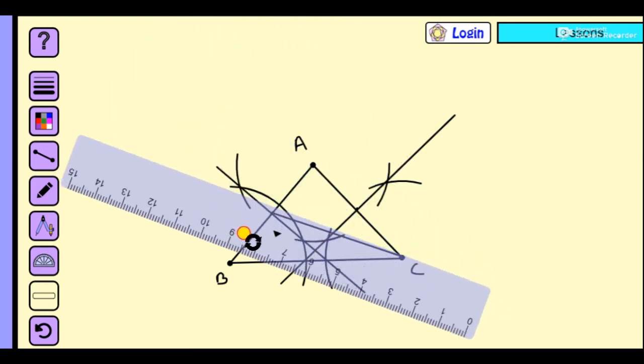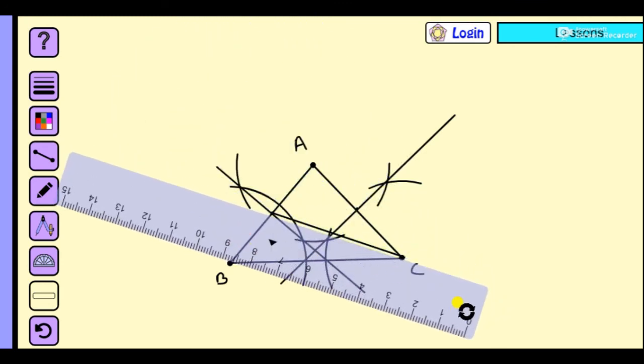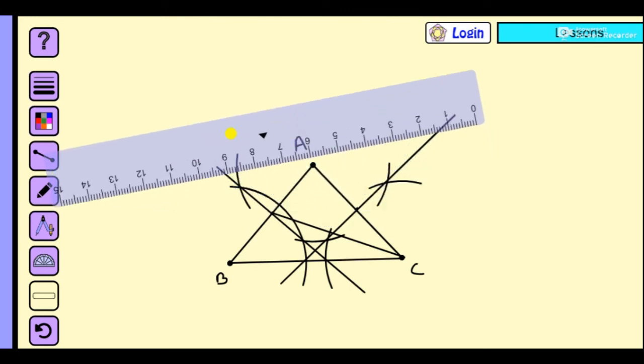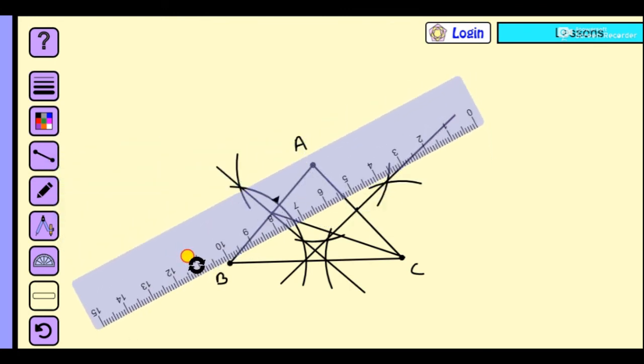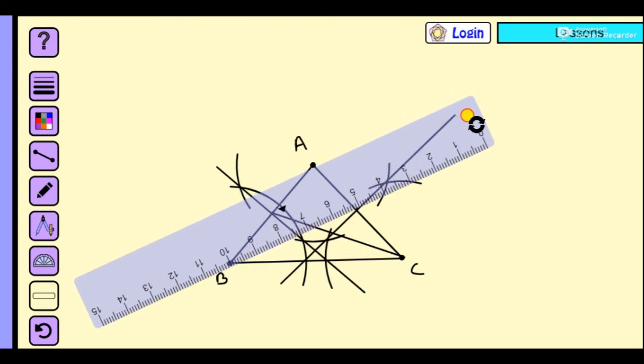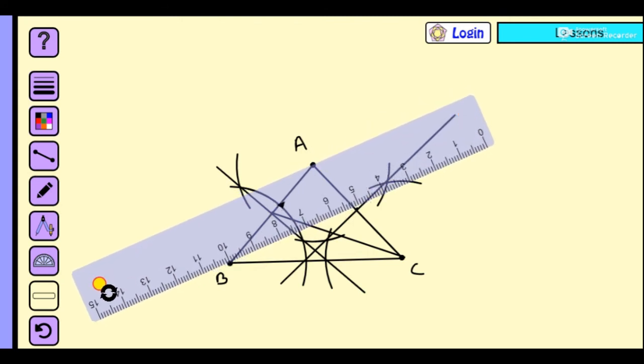Where is the B point? It is the B point. Now you can take here like this, and this one is the B point, and just watch to see how the scale is here. Now just draw a line.